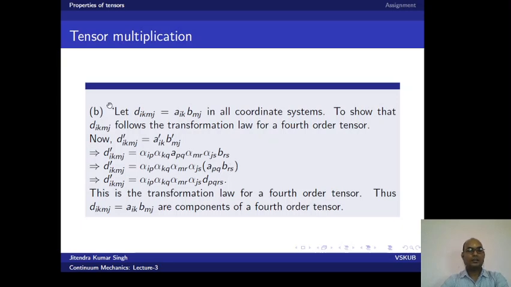Now here we have defined Dikmj is equal to Aik Bmj, so Apq Brs can be written as Dpqrs. So it will become Dikmj dash is equal to alpha Ip, alpha Kq, alpha Mr, alpha Js, Dpqrs. This is the transformation law for a fourth order tensor. Thus this Dikmj, which is equal to Aik Bmj, are components of a fourth order tensor.